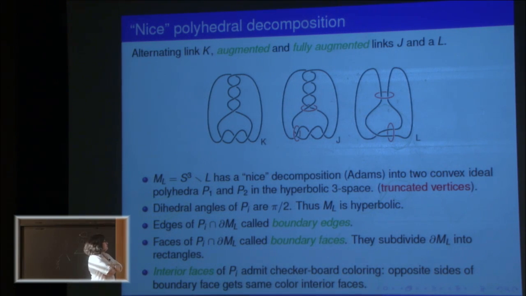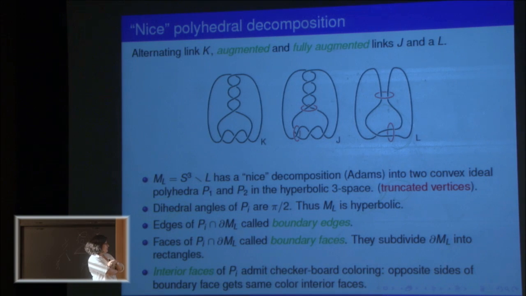But so we're using this polyhedral decomposition that Jessica mentioned, where you have two polyhedra, truncated vertices. Your dihedral angles are pi over 2, 90 degrees. And so you've got your boundary edges and you've got your boundary faces, which is where you truncate it.